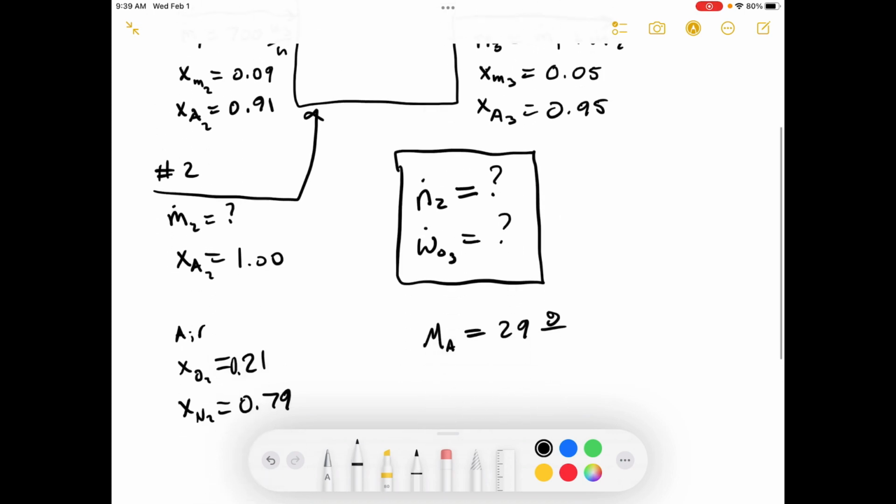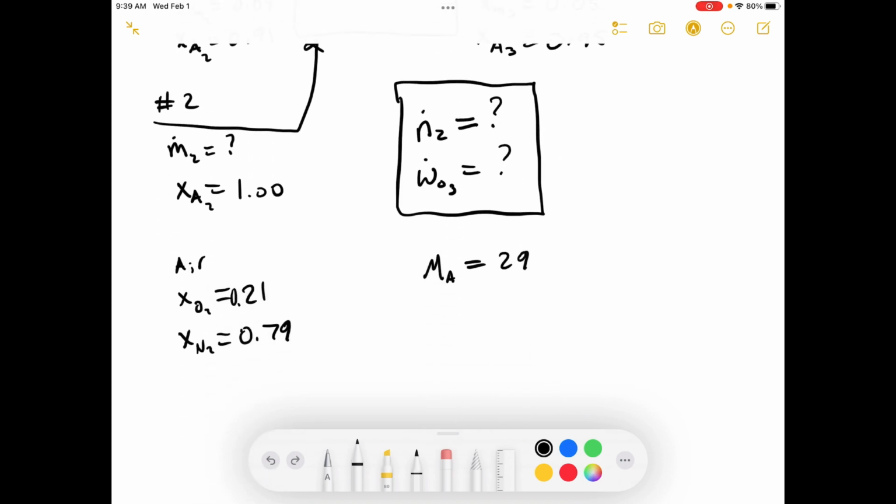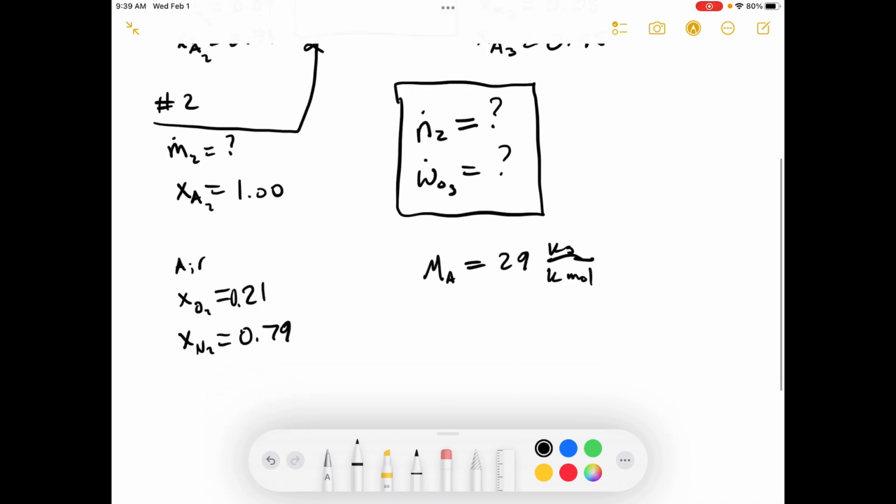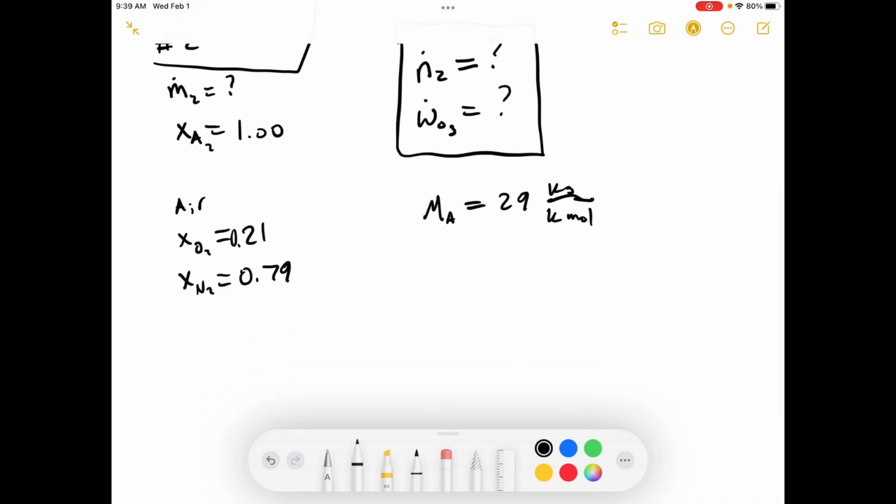What are we working on? We're in kilograms. Let's do kilograms per kilomole. We have 3 ingredients in these streams. We've got methane, oxygen, and nitrogen.